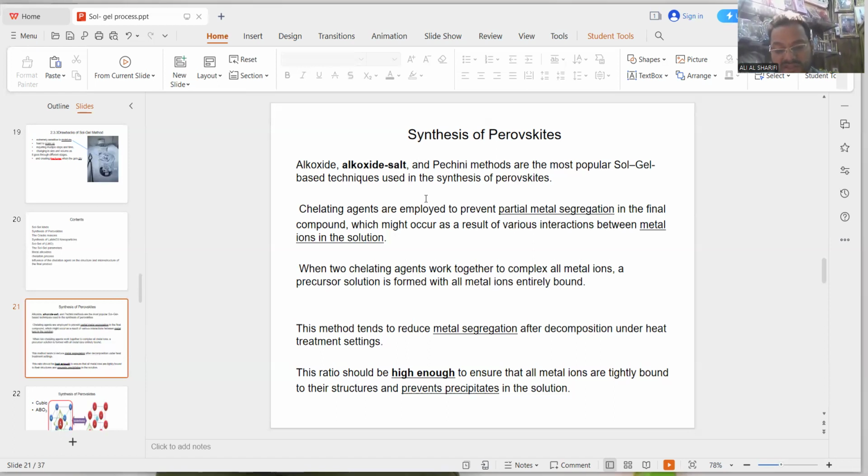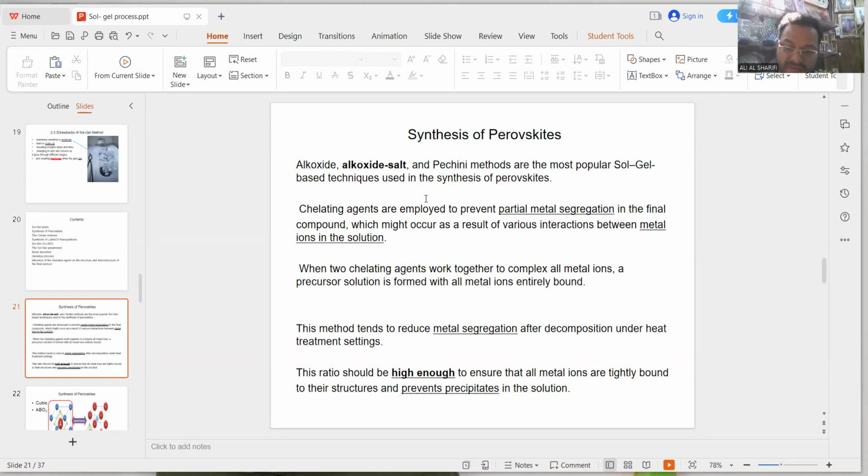Let me say, in the next video, inshallah, I will discuss how I used a mathematical function to calculate the agent ratio carefully, because if these agents are increased or decreased, they will affect the final product differently. The ratio should be high enough to ensure that all metal ions are tightly bound in their structures and to prevent precipitates or cracks in the solution.